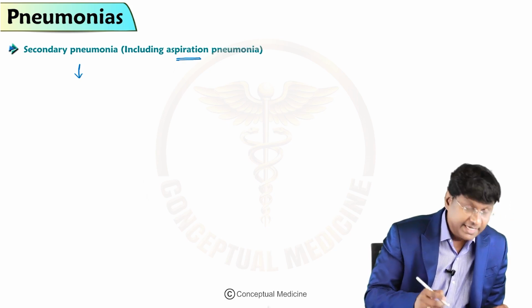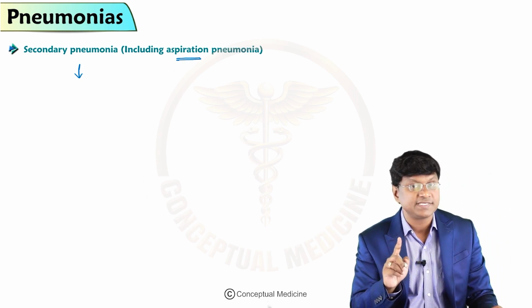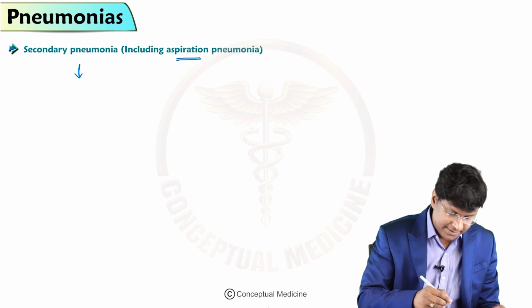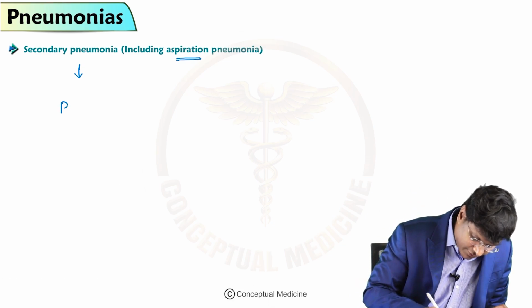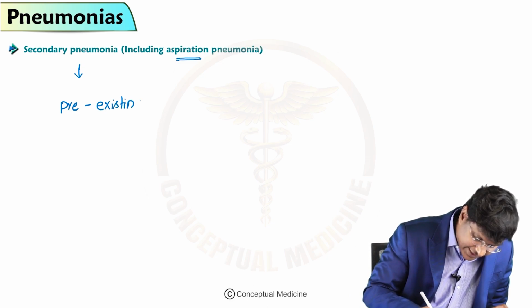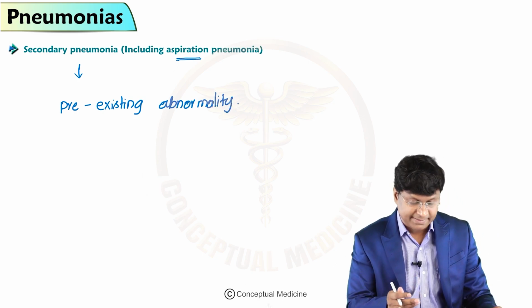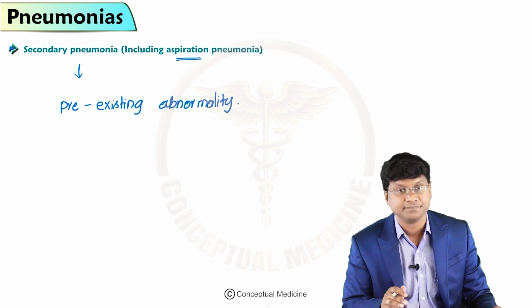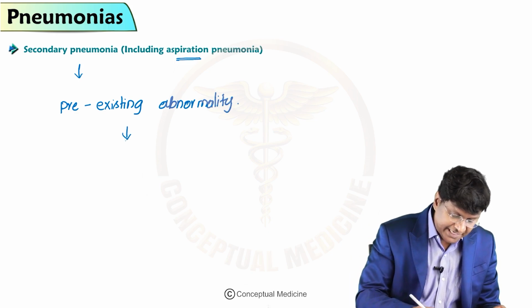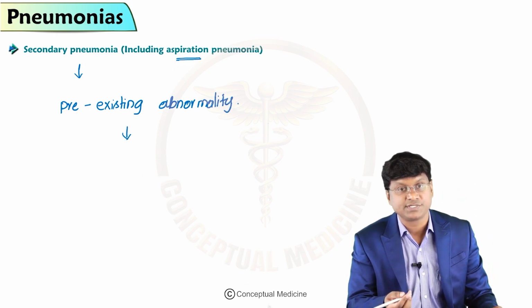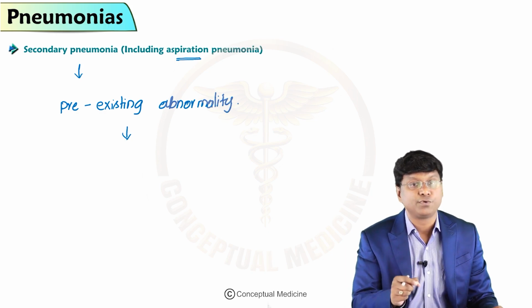So in primary pneumonias there is no pre-existing abnormality of the respiratory system, but here there is a pre-existing abnormality of the respiratory system, and this will predispose to the invasion of the lung by the organism.